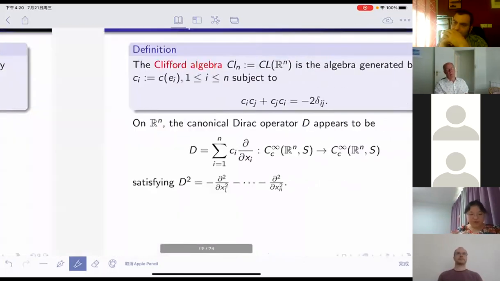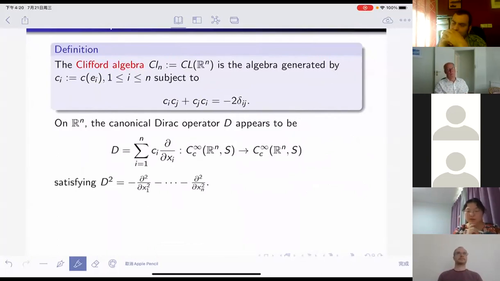And using this, one can talk about the canonical Dirac operator on R^n. The canonical Dirac operator on R^n is simply defined as a first order differential operator whose square is the Laplacian.